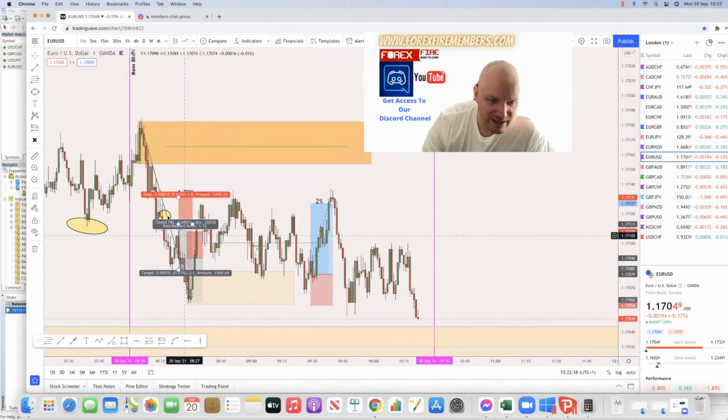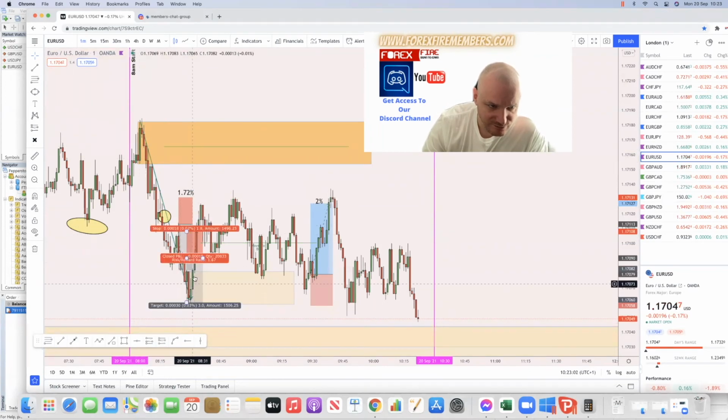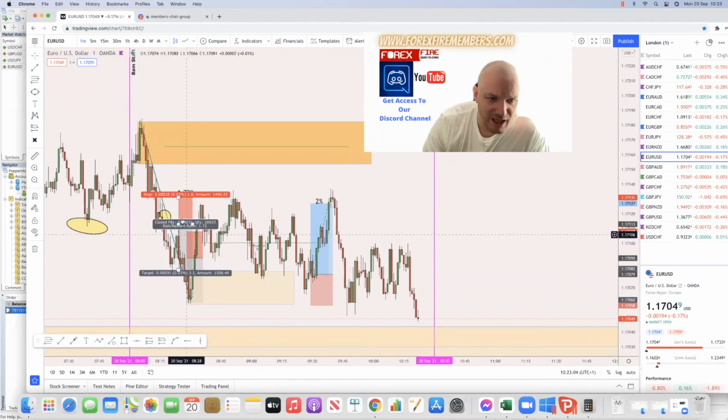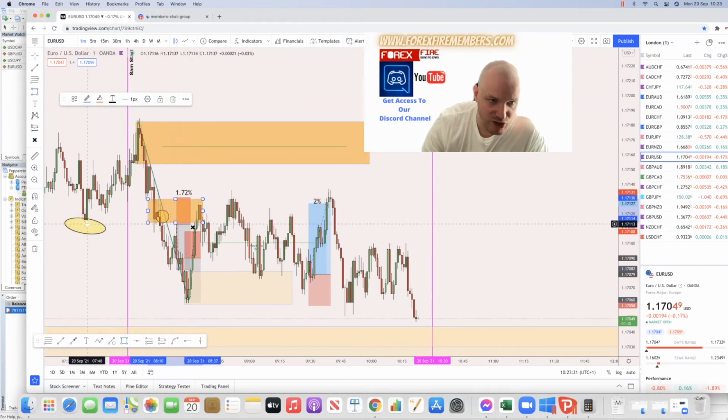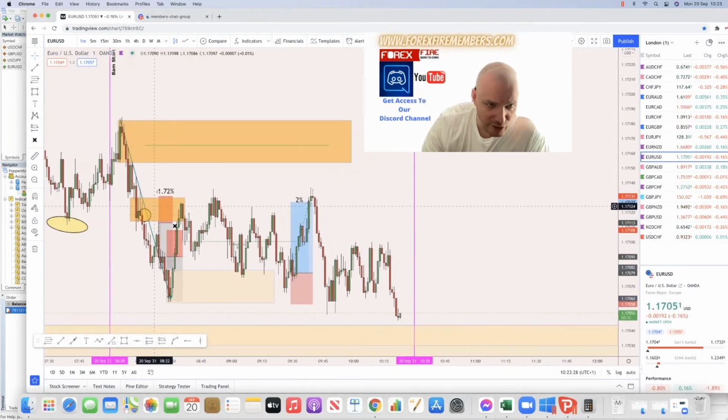From there, as we broke down structure-wise, and the liquidity of this area here, I took an entry off this order block. Just to show you guys, you'll see this at the beginning of the video, I took my entry from there because we broke structure of this. From there, guys, we got in on that trade.